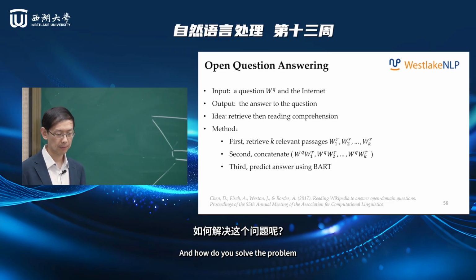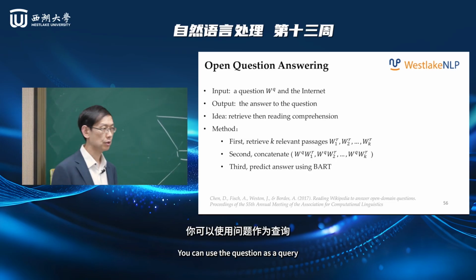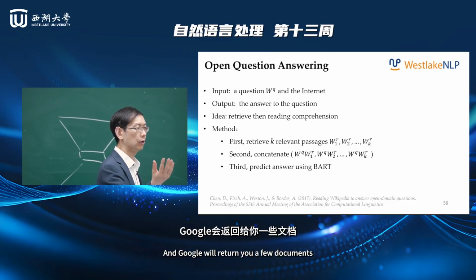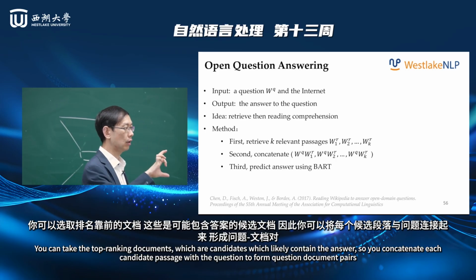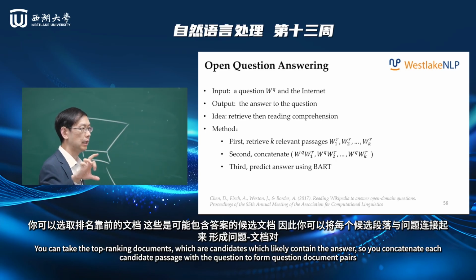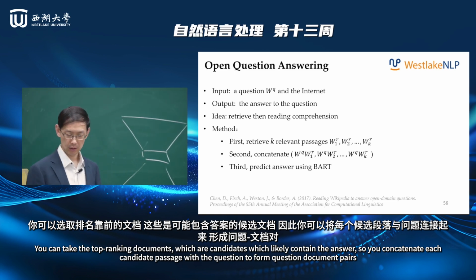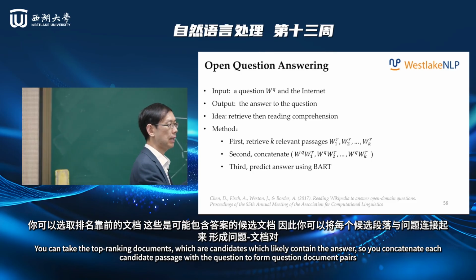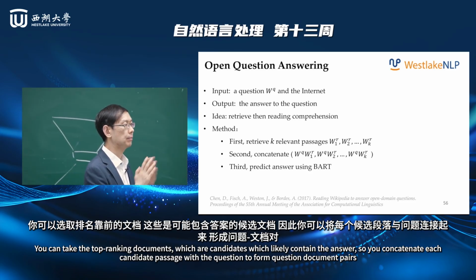And how do you solve the problem? You can use the question as a query, and maybe feed the query to Google, and Google will return you a few documents. You can take the top ranking documents, which are candidates, which likely contain the answer. So you concatenate each candidate passage with the question to form question document pairs.